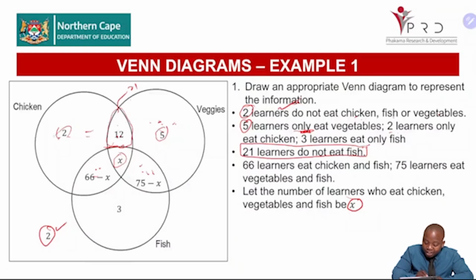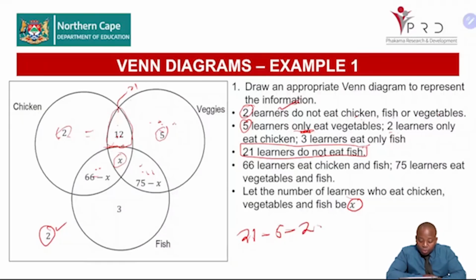Remember, this is the intersection. It's going to include both of them. So how do we work with that? We're going to have 21, because the 21 only works around chicken and the veggies, minus our 5, minus the 2, and minus the 2 again.